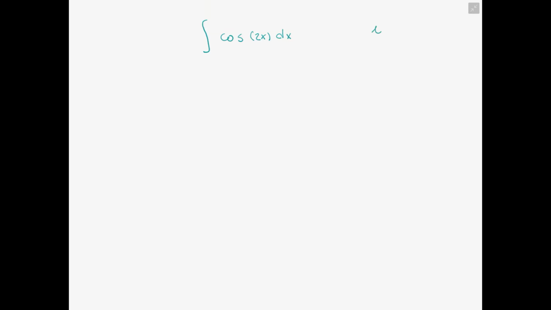Okay, cosine 2x dx. And we use u equals 2x and du equals 2 dx. So dx equals du on 2. So we end up with cosine of u du on 2.